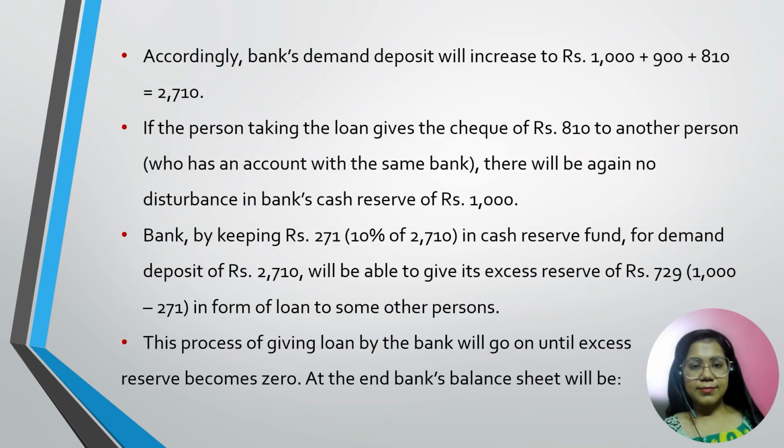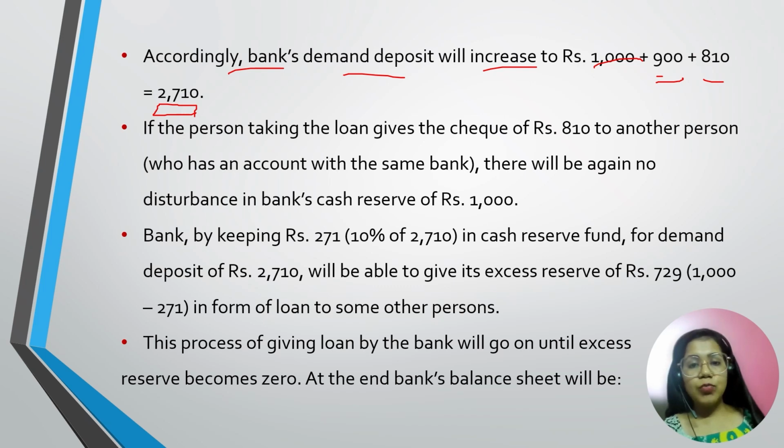So now the bank's demand deposit will increase with 1,000 rupees plus 900, which was the first loan, plus 810, which was the second loan. So now it has total demand deposits of 2,710 rupees.